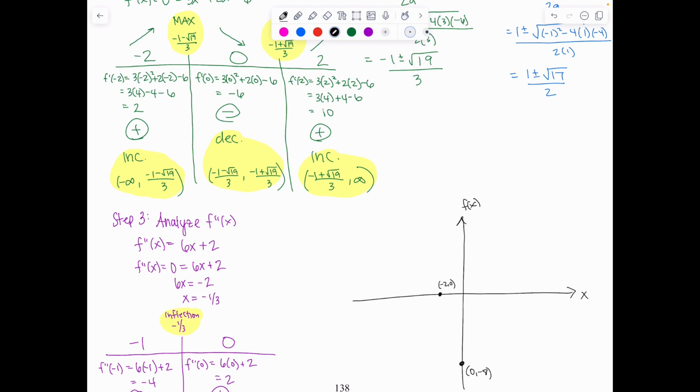So that will be over here. And 1 minus root 17 over 2 is about -1.5. So it's going to be really close to that one.